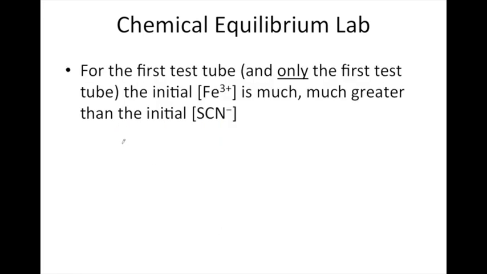So before we can do the calculations, we have to make an assumption. For the first test tube that we made up, and only the first test tube, our initial concentration of iron is much, much greater than the initial concentration of thiocyanate. It's well over 1,000 times greater.